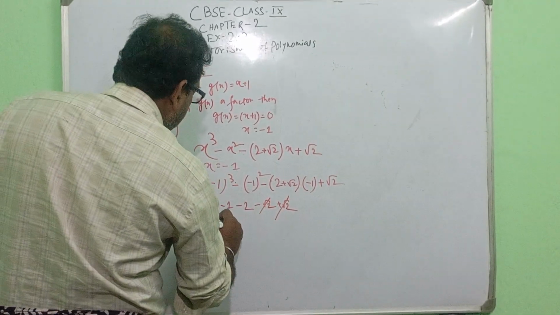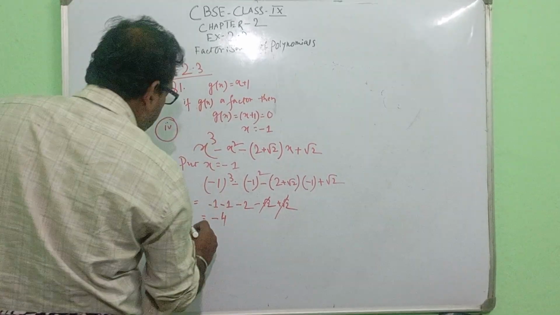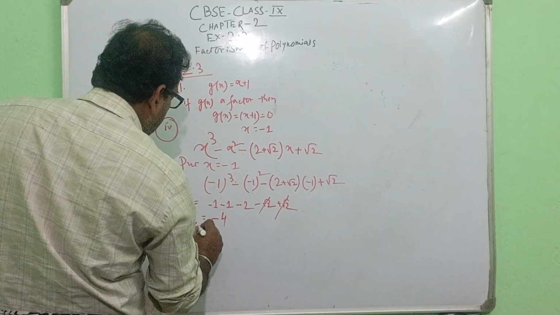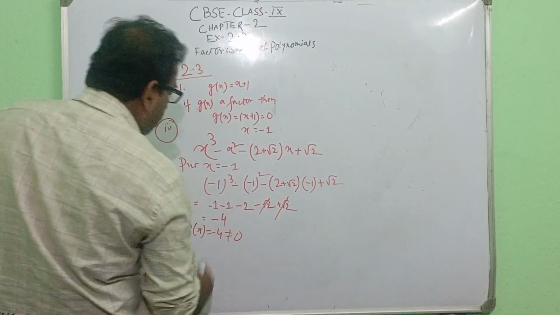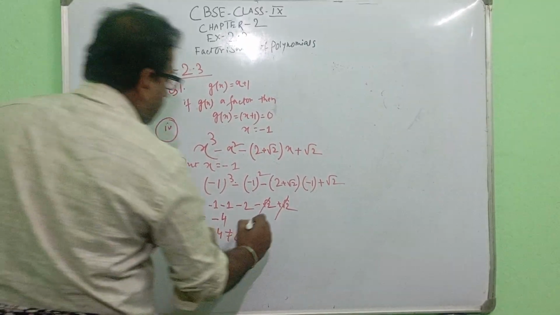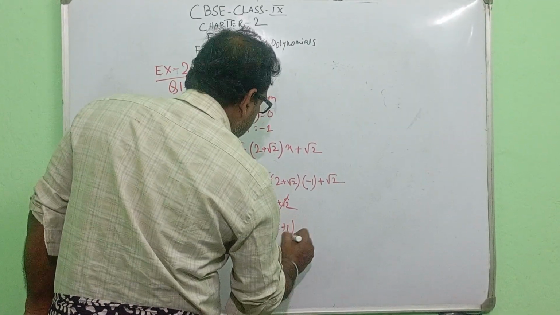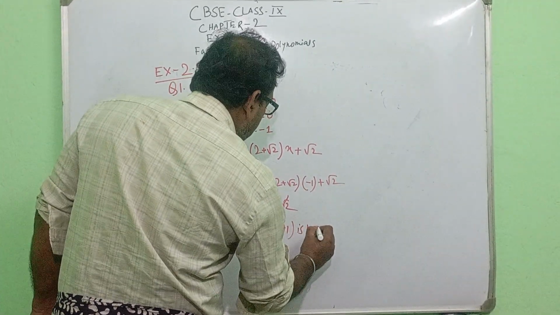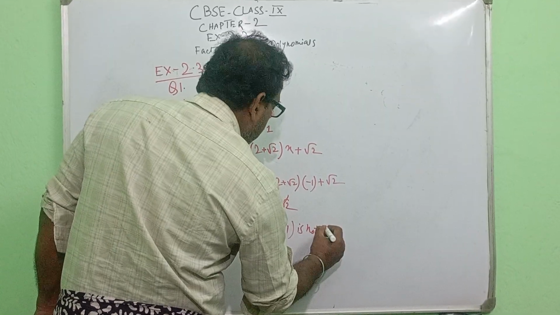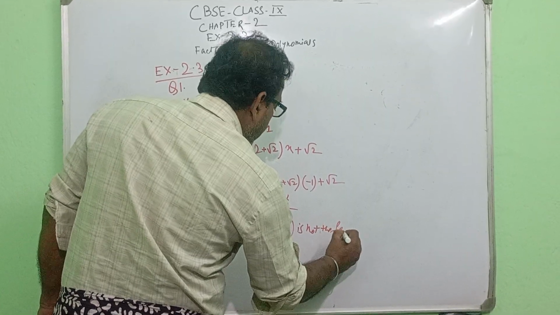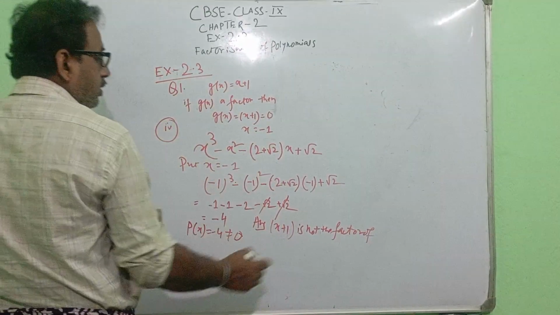But this is minus 4. So p(x) is equal to minus 4, not equal to 0. Answer: x plus 1 is not the factor of this one.